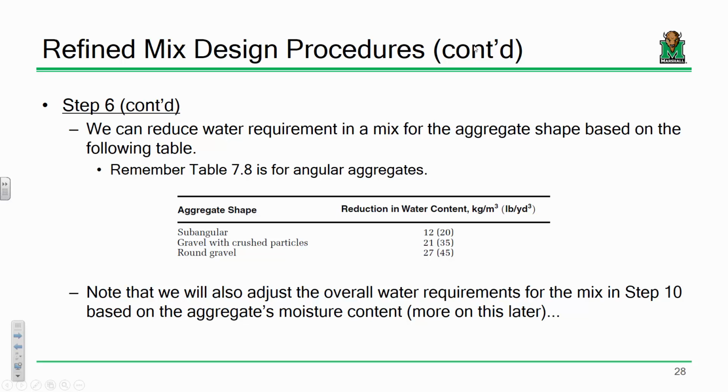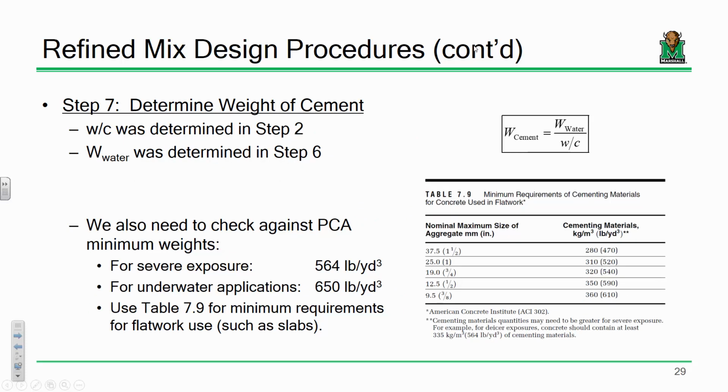If you're somewhere in between, like a little bit angular, a little bit rounded, just use linear interpolation. Just use a weighted average. Okay. Now, once we're done with step 6, we'll get a weight of water. I propose that is going to be a rough weight of water because we're going to have to correct that down the line for moisture content, moisture correction. Sound good?